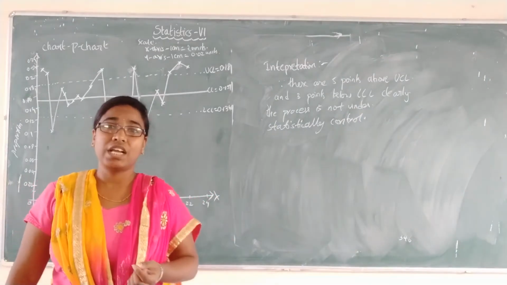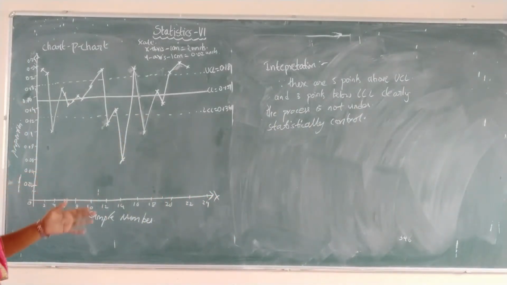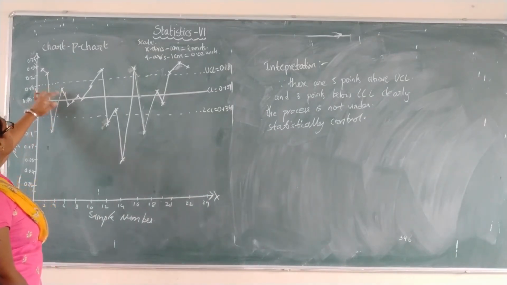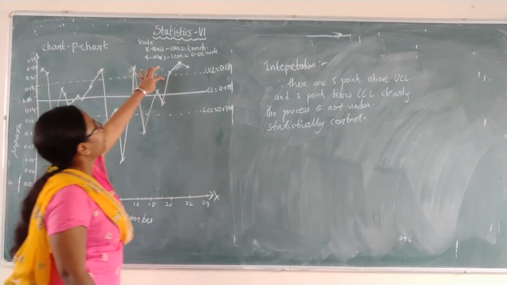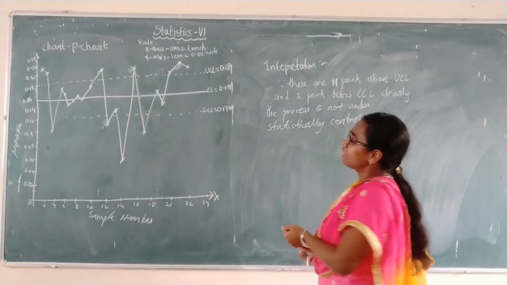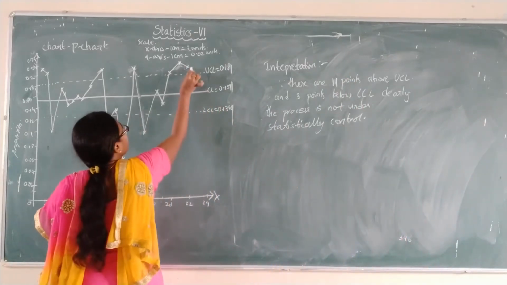Now we will check how many high spots and how many low spots we have. So high spots: 1, 2, 3, 4, 5, 6, 7, 8, 9, 10, 11. Sorry, it is not 5, it is 11 points above UCL.